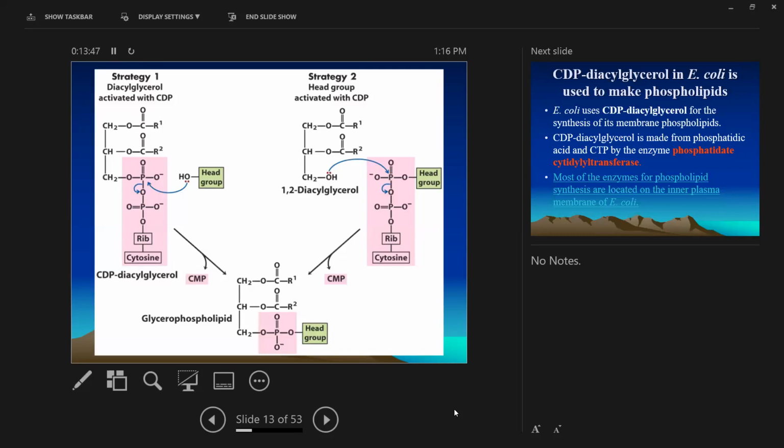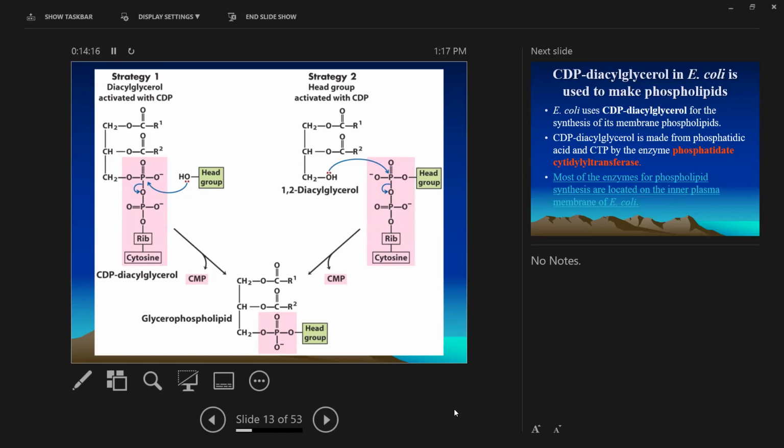So the two strategies, we'll see them both. One group of organisms will tend to use one, others will tend to use the other. You can activate the lipid and then use that to add the head group. With the head group, you have an oxygen. This oxygen with free electrons will attack the phosphate and displace this CMP.